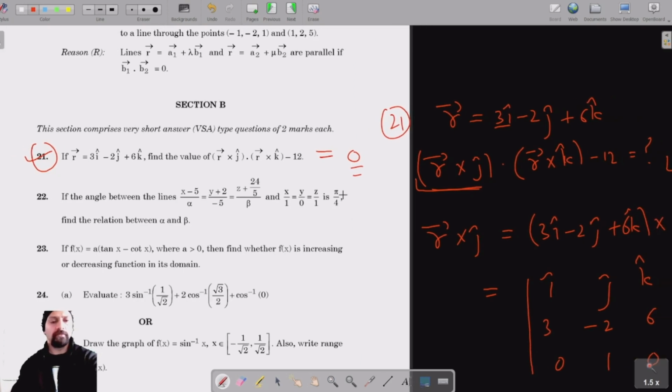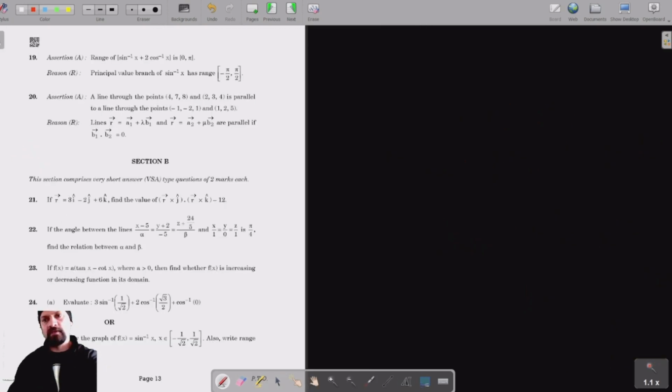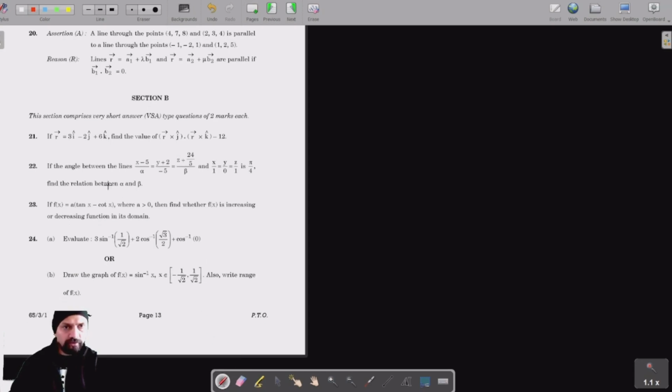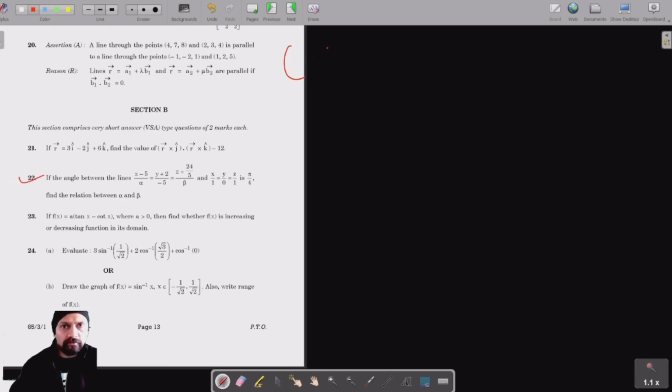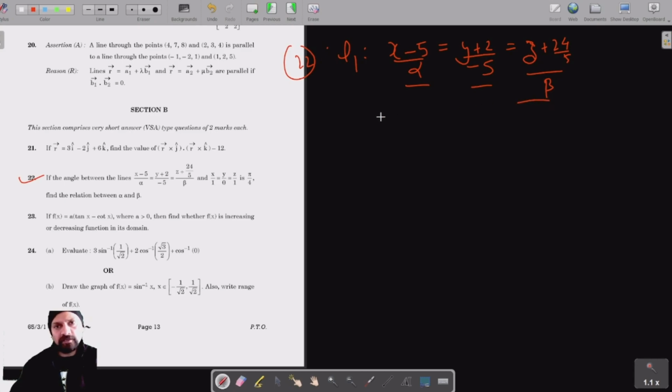Let's move on to question number 22. For question number 22, it's given that the angle between the lines. The first equation of the line is (x minus 5) upon alpha is equal to (y plus 2) upon minus 5 is equal to (z plus 25) upon beta, and these are the direction ratios.